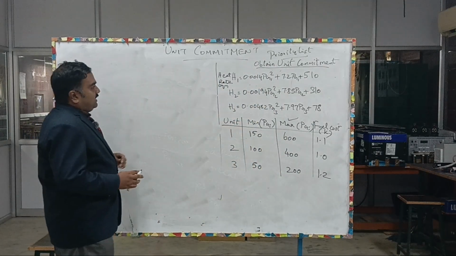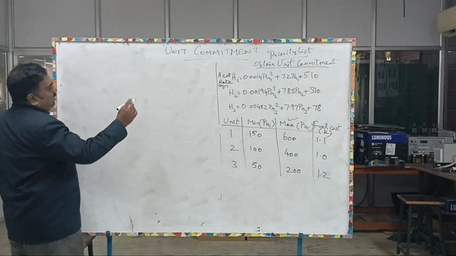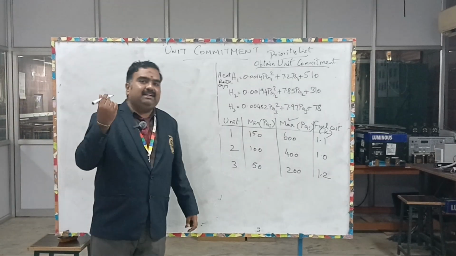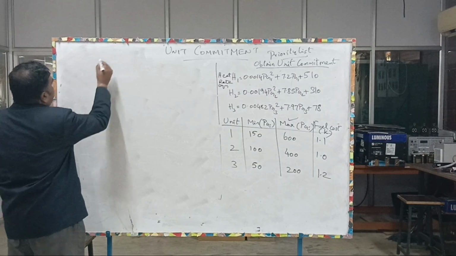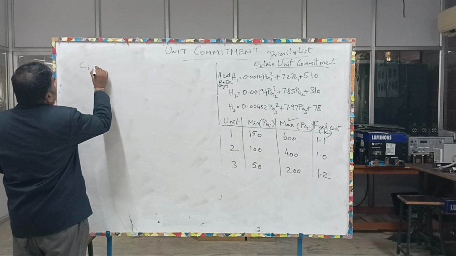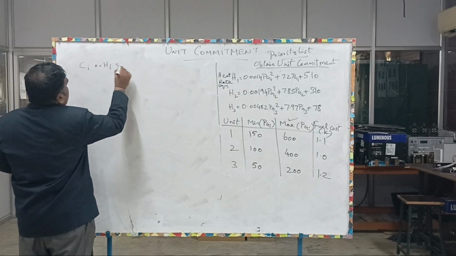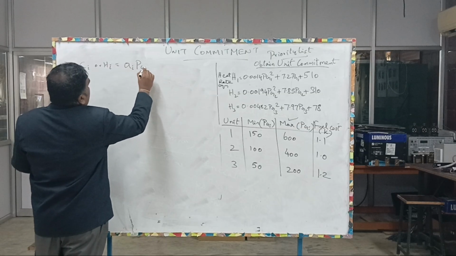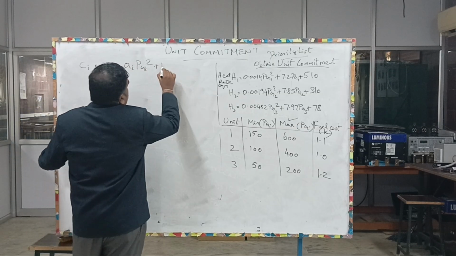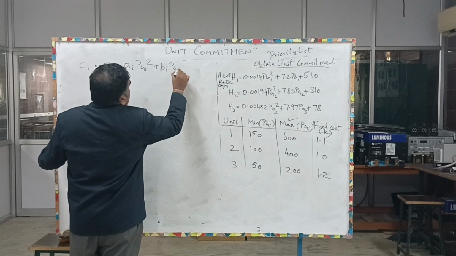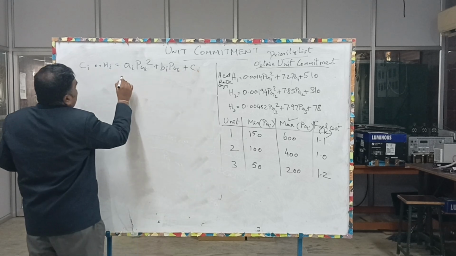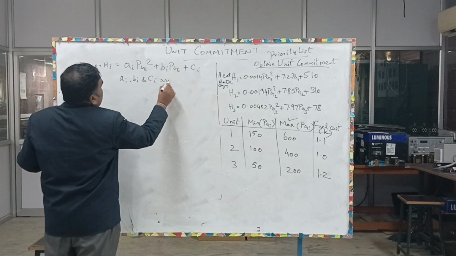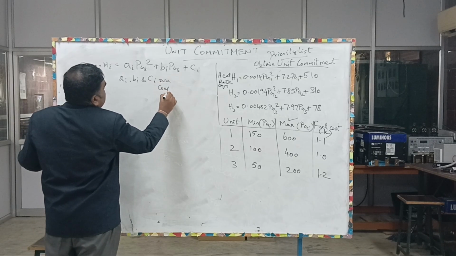So what does the first equation say? The H1 is in the form of a quadratic equation, be it a cost equation or be it a heat rate equation, it will always be in the form of a quadratic equation in this form: Ai PGi squared plus Bi into PGi plus Ci, where Ai, Bi and Ci are coefficients.